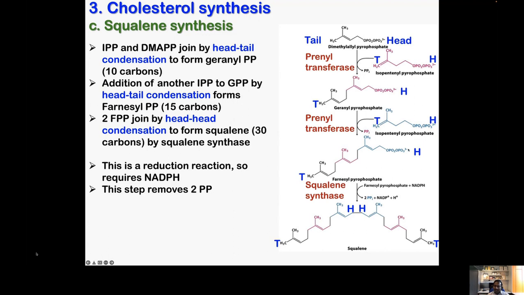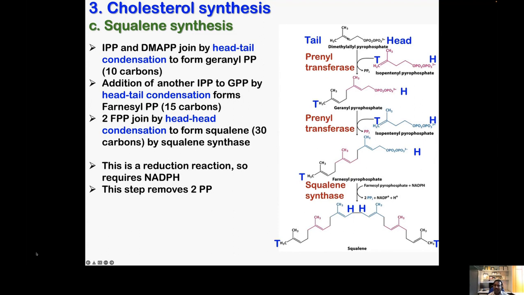Here this is the head portion and another FPP molecule will come. The head and head will join and that will completely release all the pyrophosphates and then it will produce a 30 carbon containing squalene molecule. I hope you guys understand this and are following me. If you don't understand, please let me know.